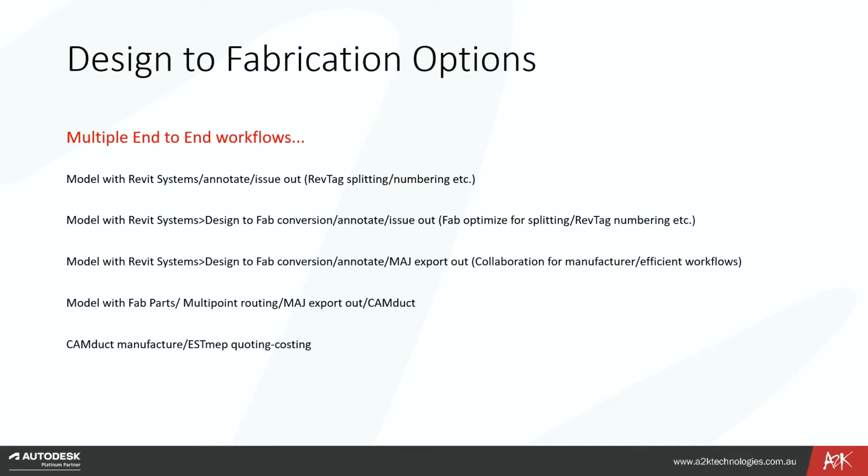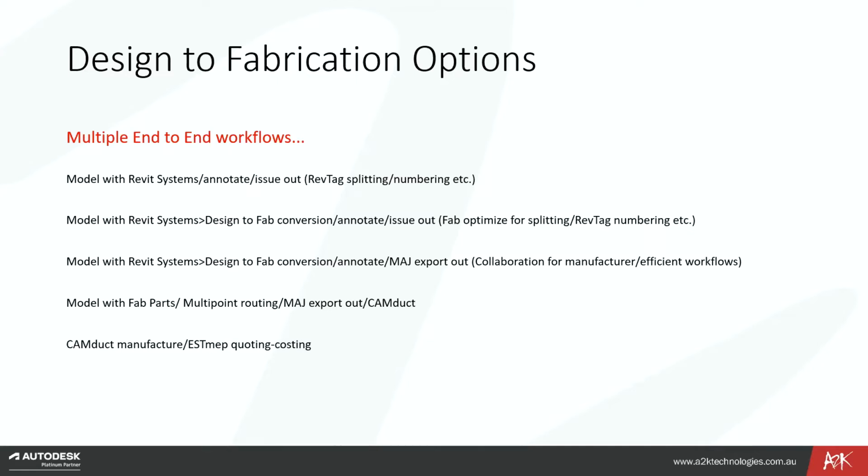And if you've got the CAMduct product or the EST MEP product, which support the MAJ file format, that enables you to do costings and quotes from the estimating package, and the CAMduct product will enable you to do manufacture. So that's pretty much all I've got to say on that, Brendan. I'll pass back to you.